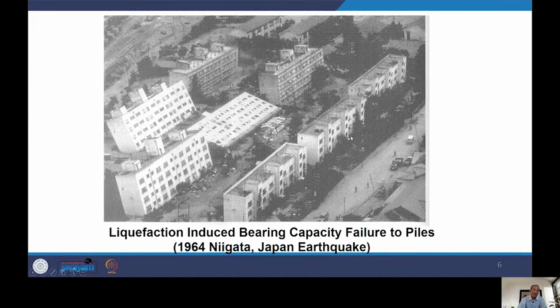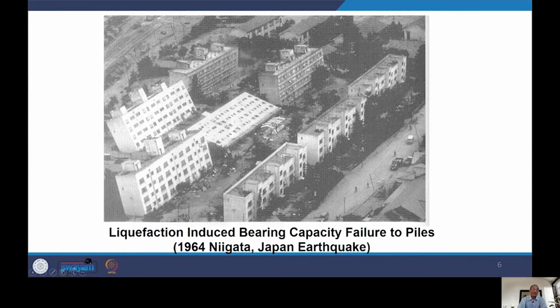What can be observed here is that you have a number of tall buildings, and most of the buildings are standing, but a few got damaged. For example, these 2 buildings got tilted, while this building is almost uprooted from the foundation.